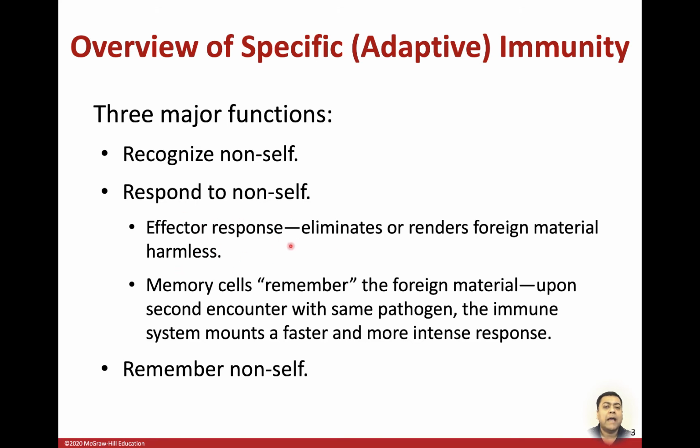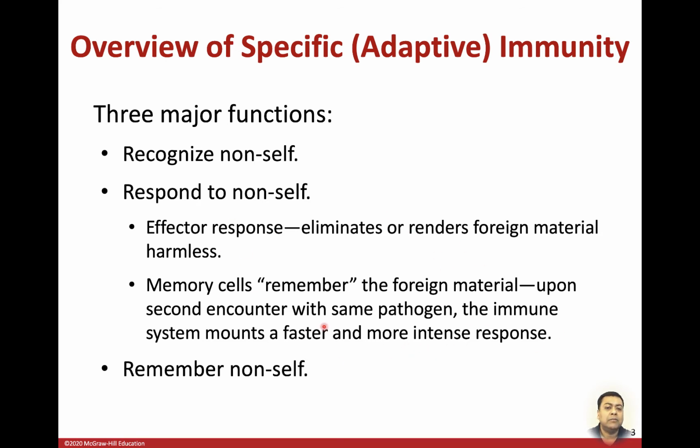Along with that, and this was not part of your innate immune response, it is a sole property of your adaptive, or acquired, immunity: memory. Memory cells remember the foreign material, and upon a second encounter with the same pathogen, the immune system mounts a faster and more intense response.